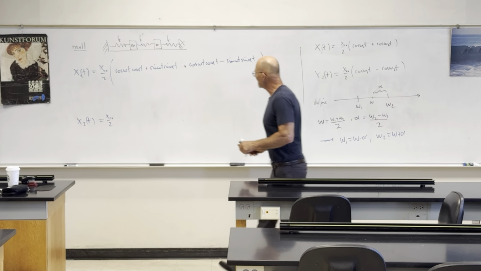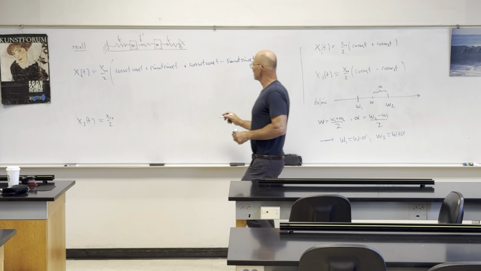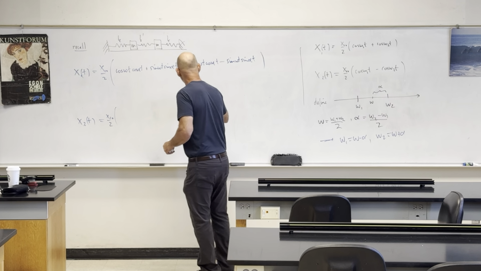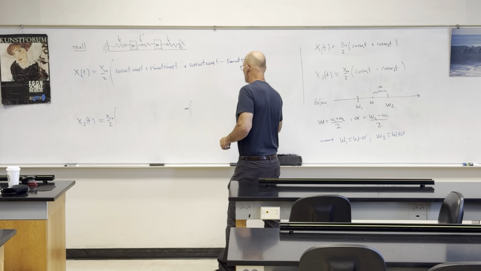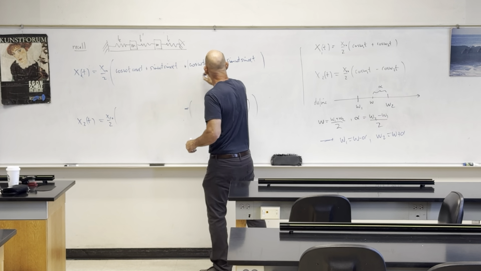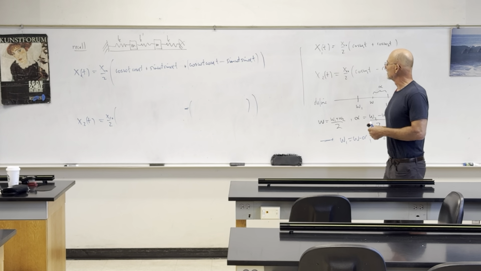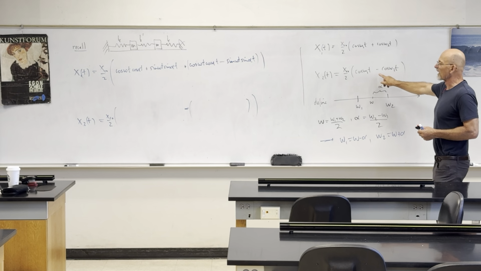The difference between x1 of t and x2 of t is that where I have a plus sign here, I have a minus sign here. That's the only difference, because there's that minus sign.